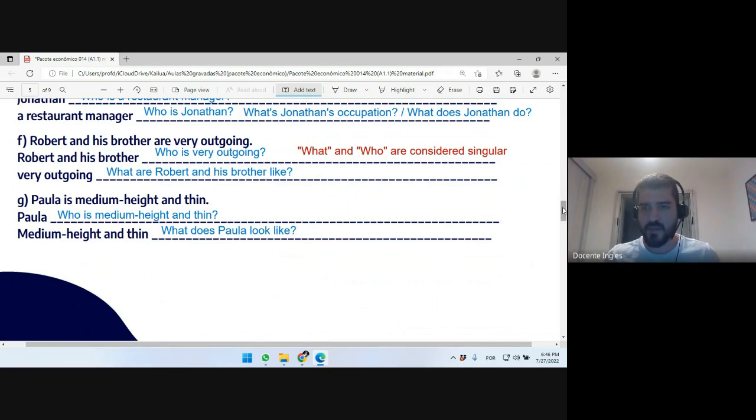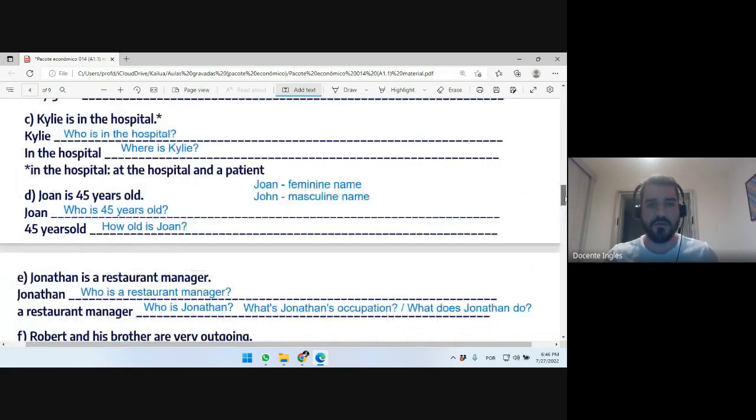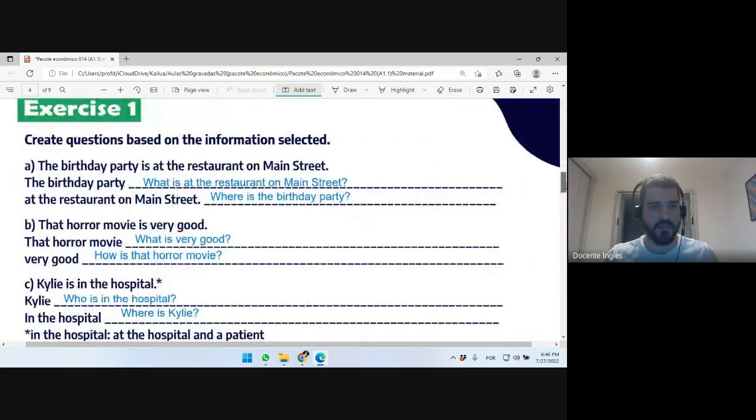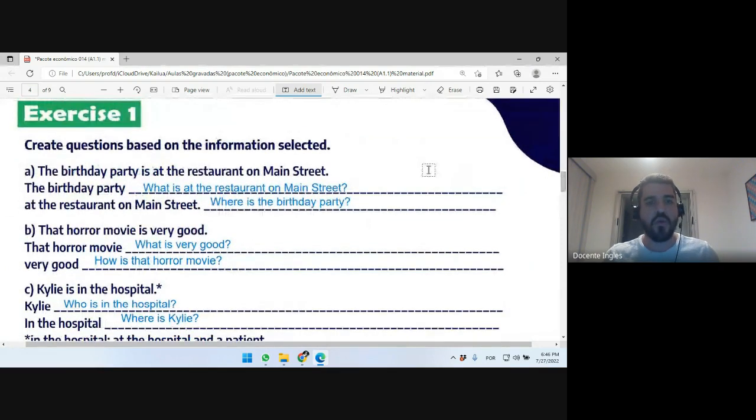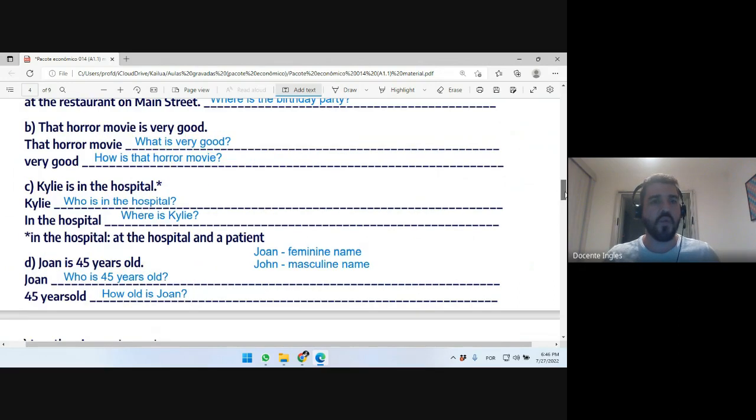Okay? So before we continue, let's repeat all the questions to practice all the question words one more time. What is at the restaurant on Main Street? Where is the birthday party? The birthday party is at the restaurant on Main Street. What is very good?